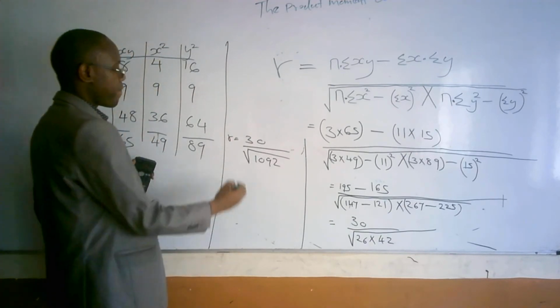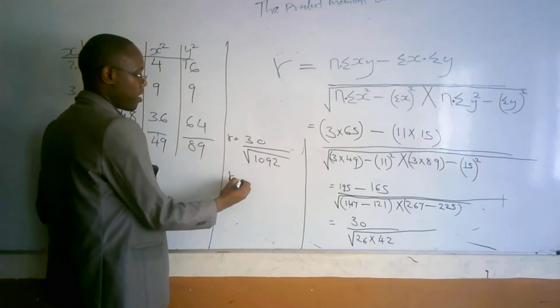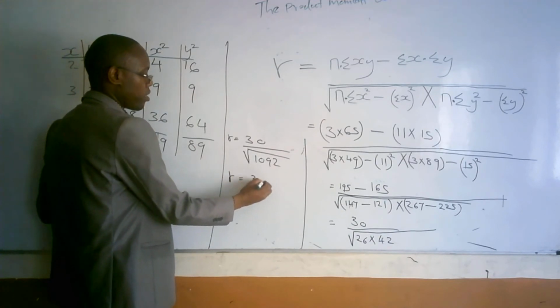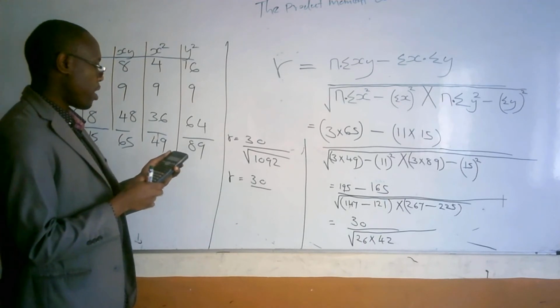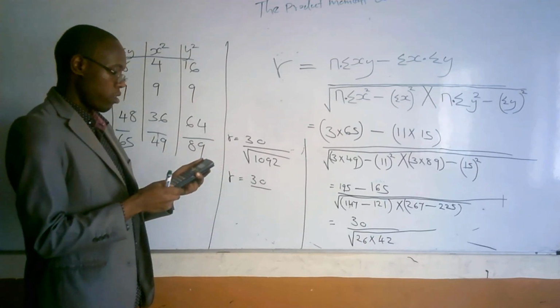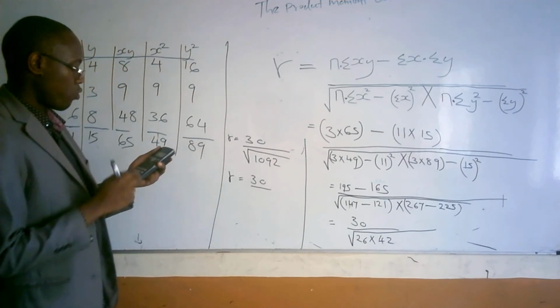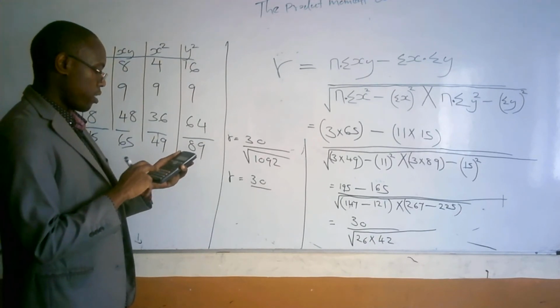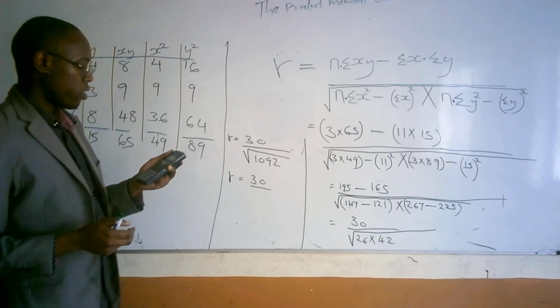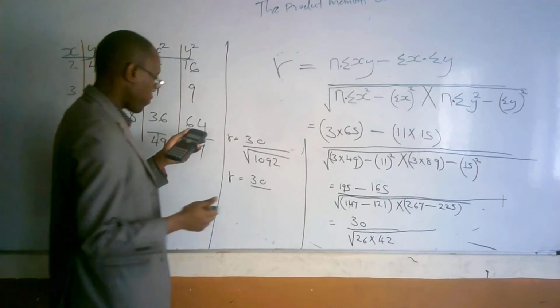And then your R is going to be 30 over the root of that 1092. The square root of that one, you are going to have 33.